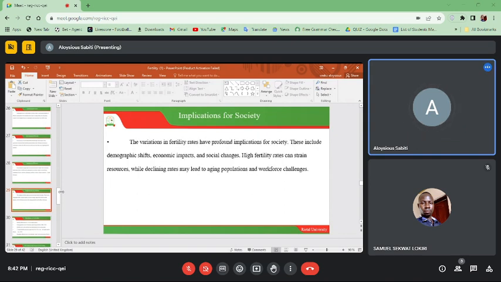fertility rates. So, what is the implication for the society? That the variations in fertility have profound implications for society. So, this means that there's going to be a shift in the demography. The demographic characteristics of the community is going to shift because of the fertility rate. If the population is predominantly poor, then we may be able to see that there are higher numbers of children.